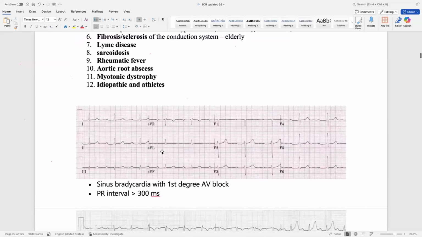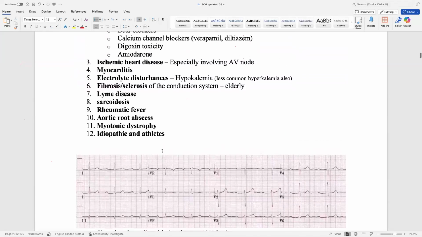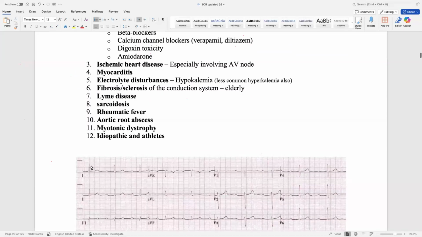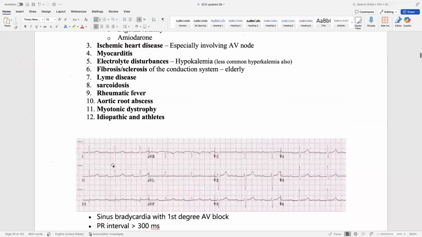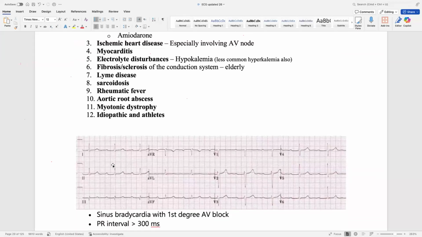Okay, can someone read this ECG? How much is the rate? The RR is regular. Between RR is 1, 2, 3, 4, 5 large boxes, so 300 divided by 5 is 60 or something.